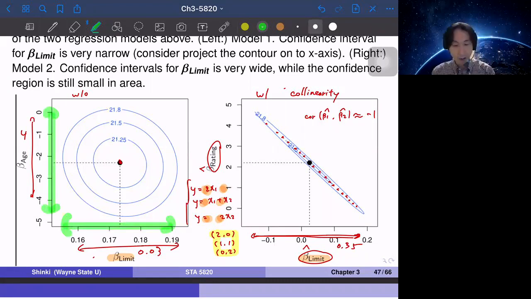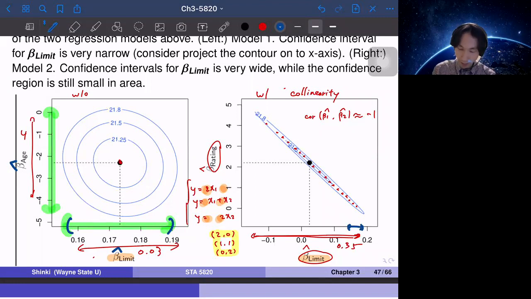This is what we saw in the previous table. In the left pane, the beta hat is relatively small, but in the right pane, the beta hat is relatively large. You can see the scale is different. 0.16 to 0.19 is around here, so it's really tight, right?